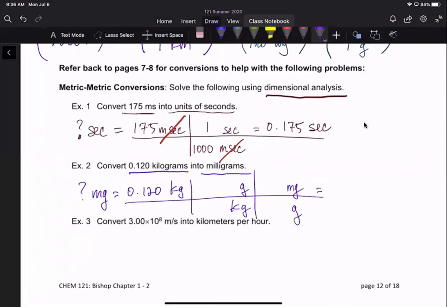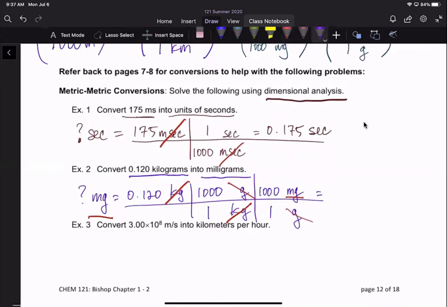So we have set up a series of relationships that are true. We can fill in numbers that are true. And we'll use the units to line them up so that at the end, I just have milligrams equals milligrams. That's a good indication that my calculation will be correct. So we just need to fill in these numbers correctly. Let's see. 1 kilogram has 1,000 grams. 1 gram has 1,000 milligrams, just like we had up here.